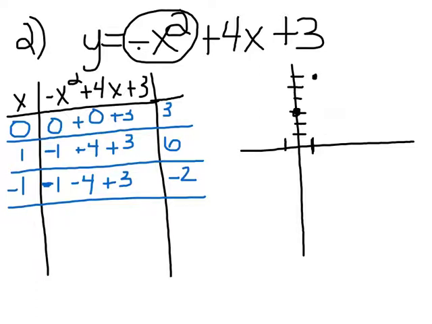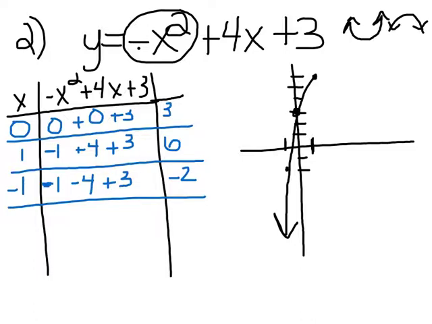So negative 1 and down 2. What we can see for our parabola so far is this. But remember that a parabola is either going to curl upwards or curl downwards. This particular one curls downwards, and we're seeing the left side of our parabola. So we'll have to find more values on the right side so that we can finish our drawing.